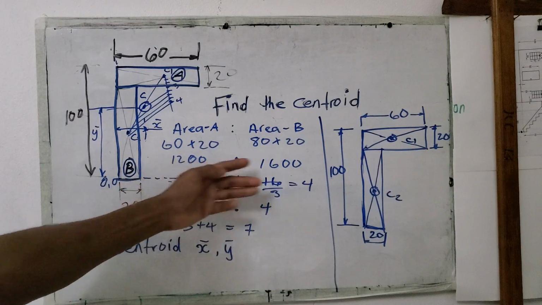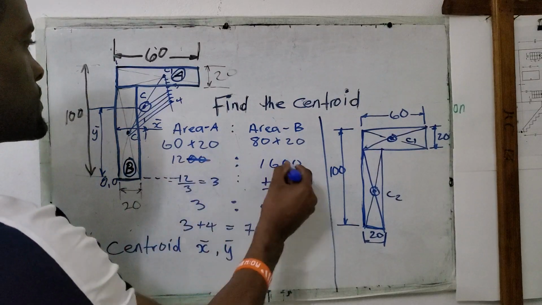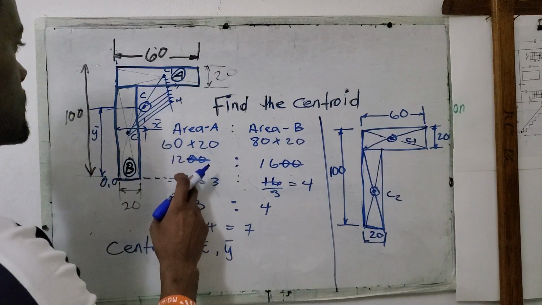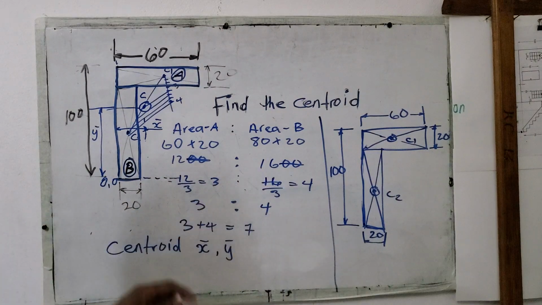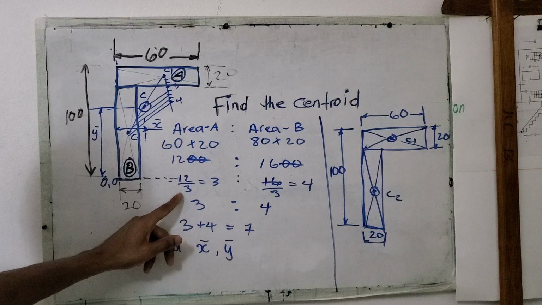To break this ratio down into smaller portions, we cancel here, cancel there. That gives us 12 over 16. We then divide both areas by 4.